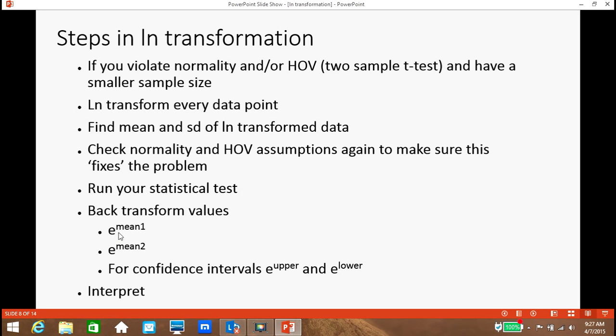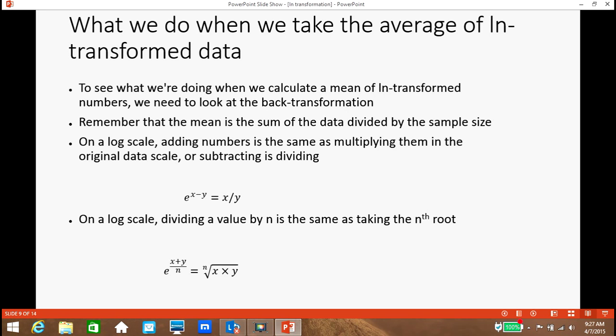And so that's just taking the log transform mean and back transforming that. For confidence intervals, you get those upper and lower limits that are given out in Minitab or Excel, but generally Minitab for us. And you back transform just those upper and lower limits. And that will let you interpret your results.